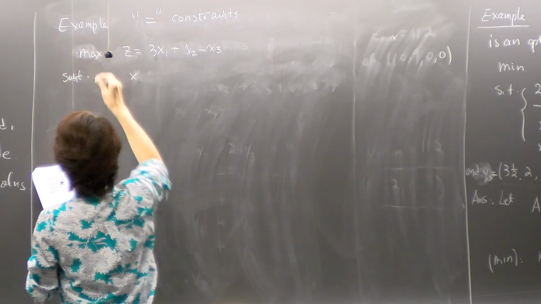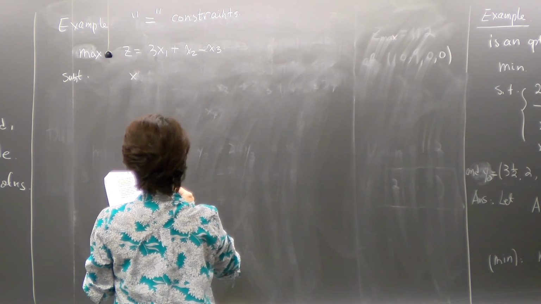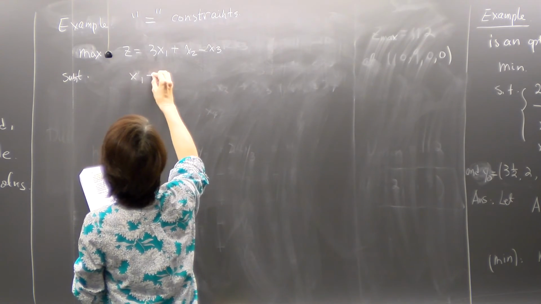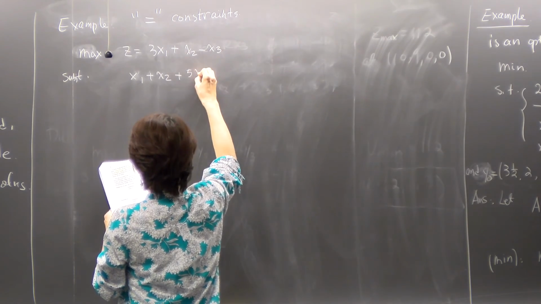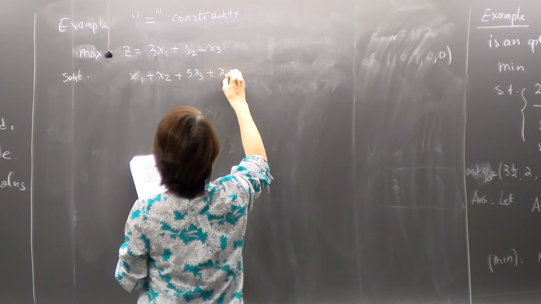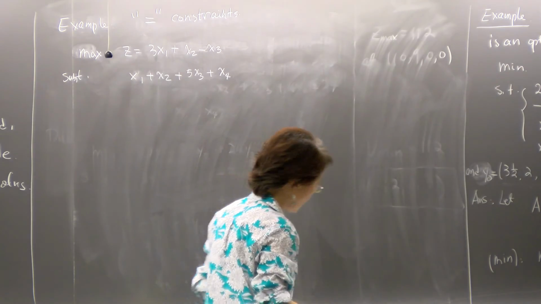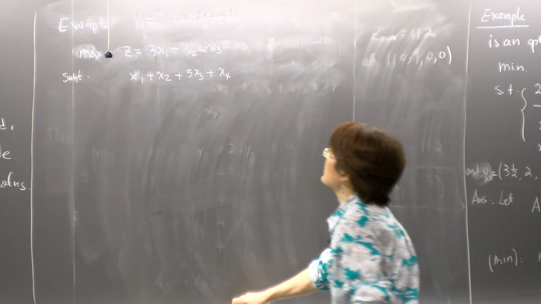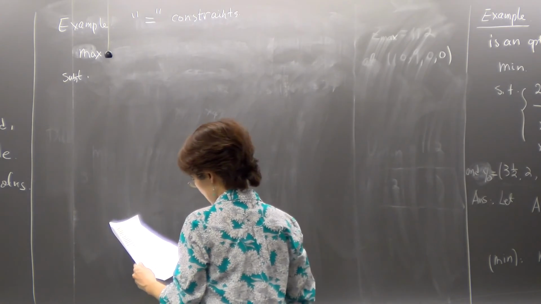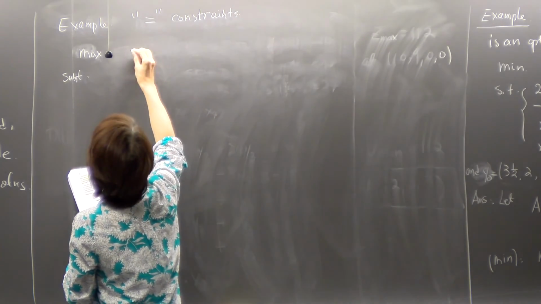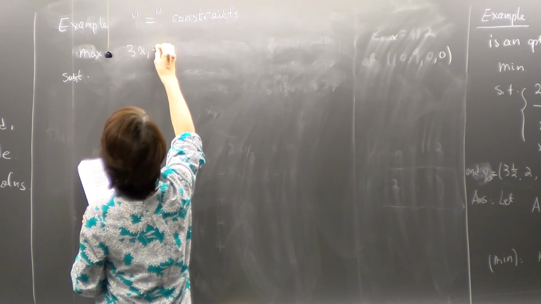So it's easier to follow the max of that. Subject to x1, x2, 5x3, x4. Oh, I'm so sorry, my brain is not with me. Let me try again. It's just numbers. Okay, so let's write numbers.